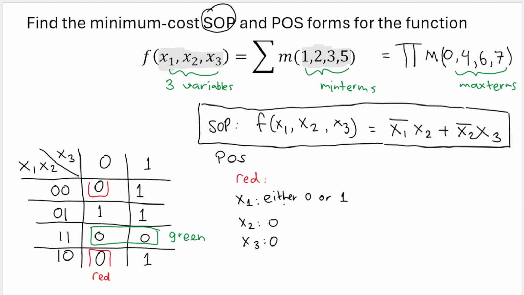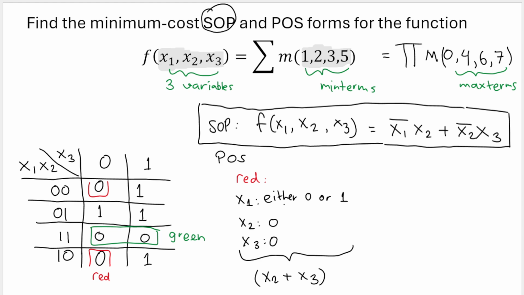So we only need x2 and x3. For the POS, we don't take the AND between them, but the OR between them. Because we work with 0 now, we don't complement it, so we have x2 plus x3. This is for the red group.